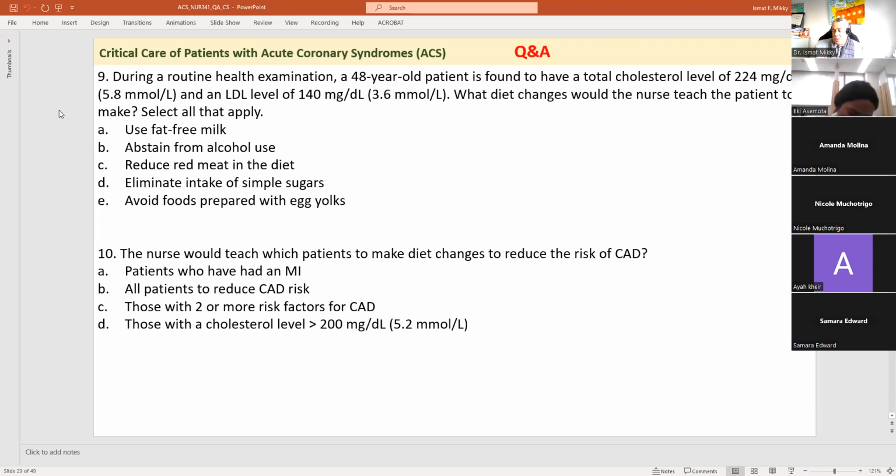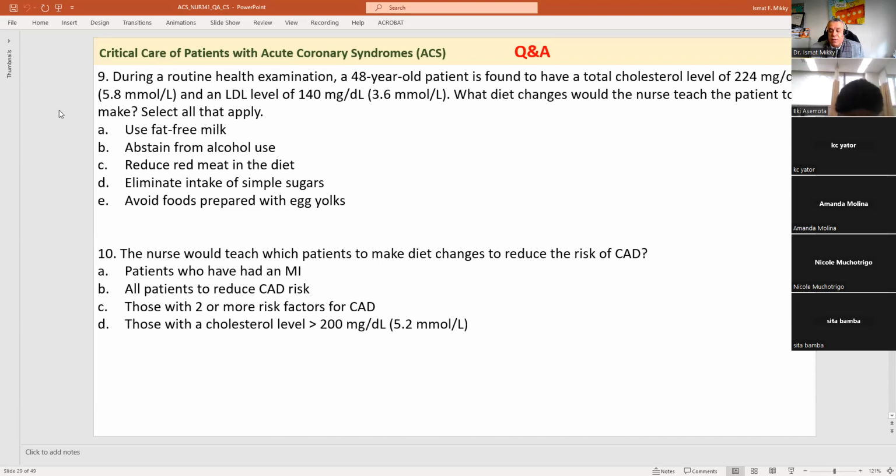The nurse will teach which patient to make diet changes to reduce the risk of CAD. B. So, right. So the therapeutic lifestyle changes, those with 2 or more risk factors for CAD.